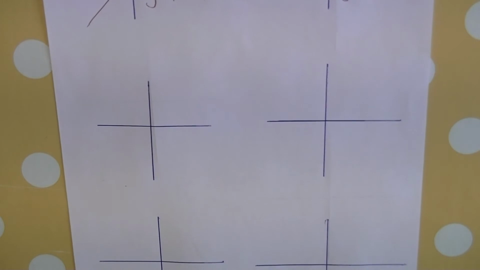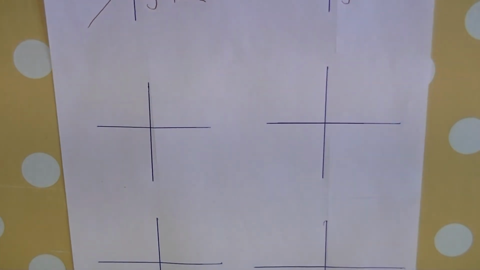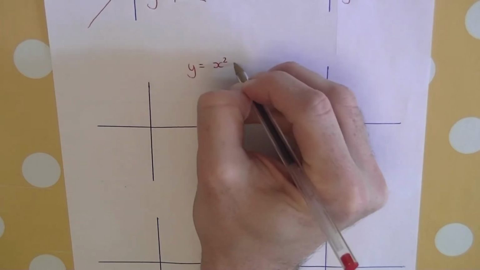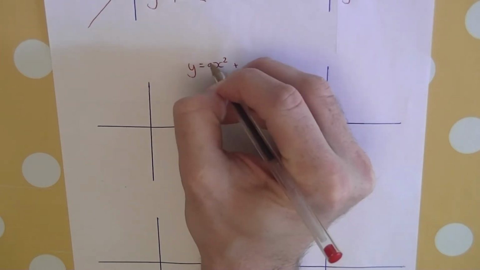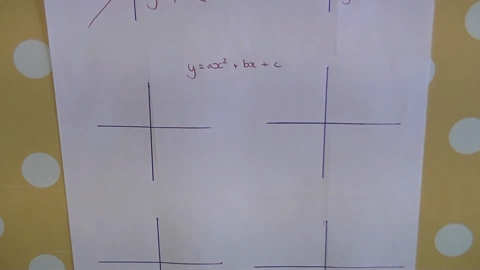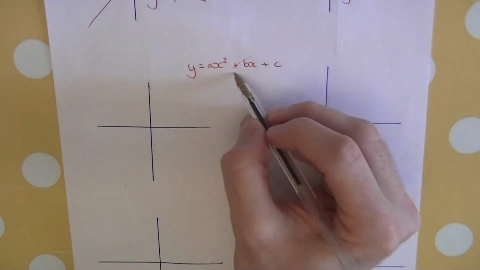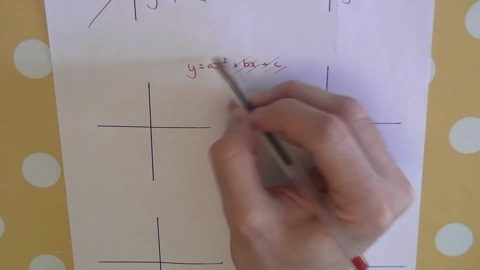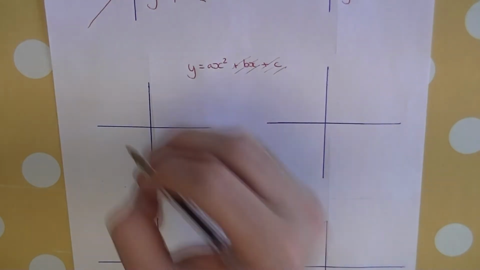Next type of graph are quadratic graphs. Now we know a quadratic to be y equals a x squared plus an amount of x's, plus a number on the end. There may or may not be some x's, and there may or may not be a number at the end, but the important bit is the x squared. Anything with x squared looks like this.